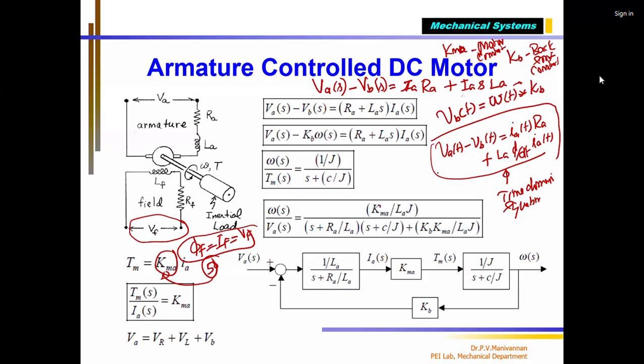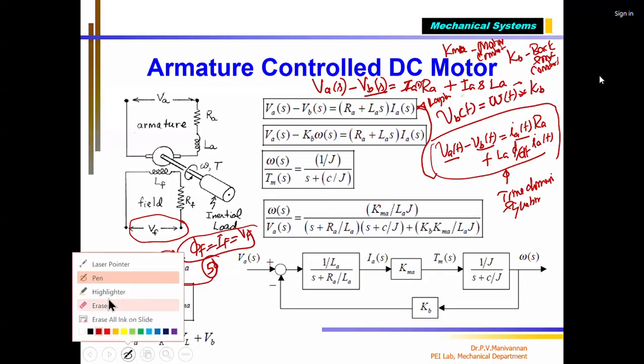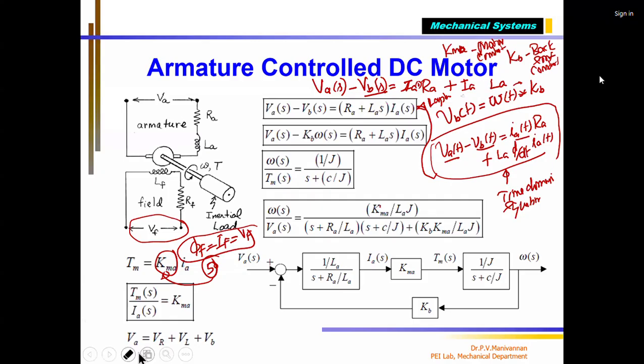Now that we have the time domain equation, from here you convert to Laplace. This is the time domain equation. This is the Laplace domain. VA(t) can be written as VA(s), minus VB(t) can be written as VB(s), equals IA(t) written as IA(s) multiplied by RA plus IA(s) multiplied by S. Here S is the Laplace variable which represents d by dt.